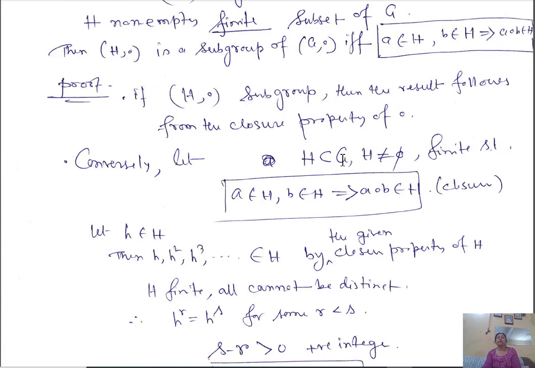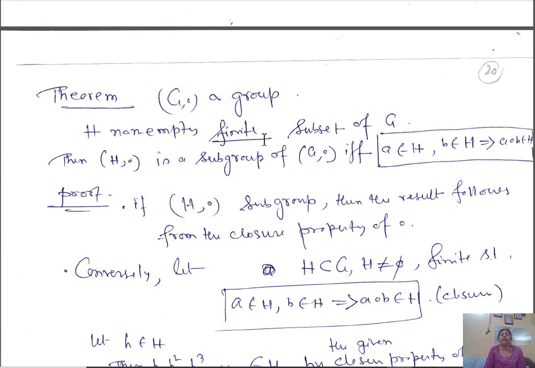So associativity in G means the associativity law holds in capital H also. So this forms a group. So for a finite subset of a group, to show it is a subgroup, it is necessary as well as sufficient to show the closure property.